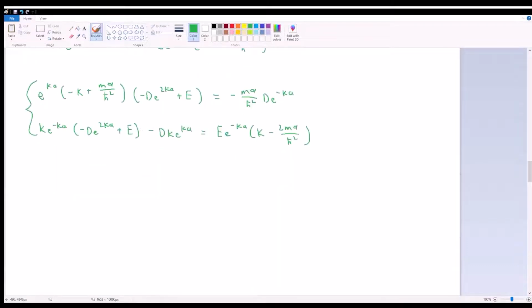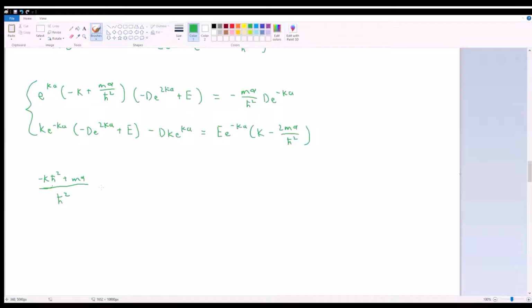Now let's fully expand this out. I'm going to start by combining this fraction into a single fraction. This is going to be negative k h bar squared plus m alpha divided by h bar squared. Let me move the negative to the front, to the top here, to not make confusion. Let me double check that that's correct: negative k h bar squared plus m alpha divided by h bar squared, yeah.